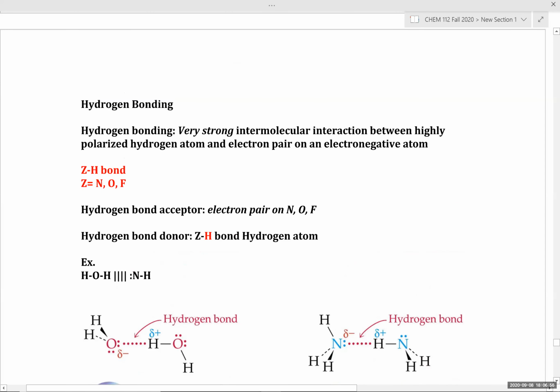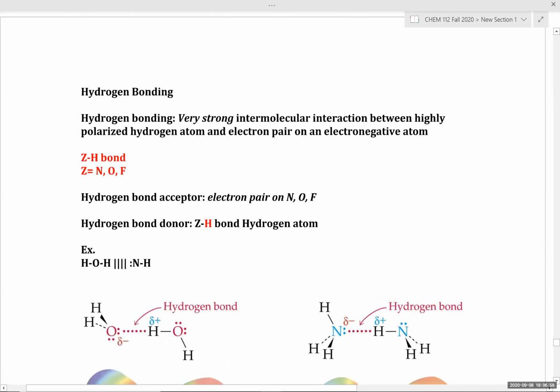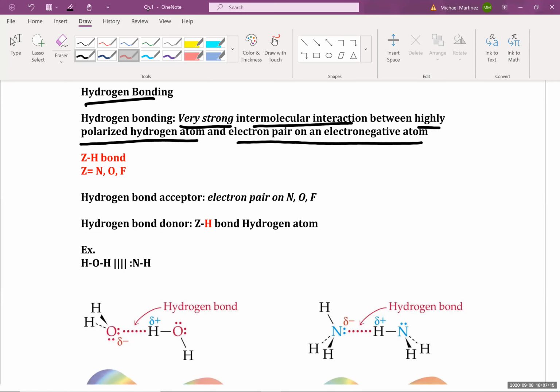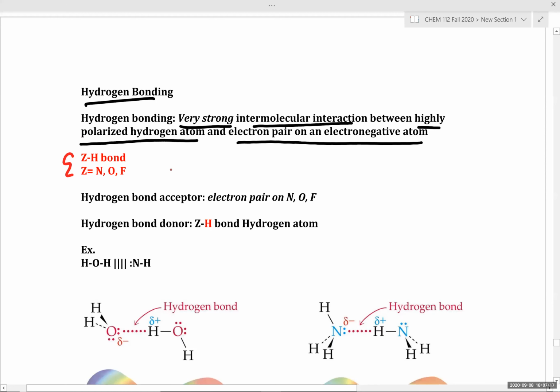So the last intermolecular force is hydrogen bonding. Hydrogen bonding can be thought of as a very strong intermolecular interaction between a highly polarized hydrogen atom and an electron pair on a very electronegative atom. It can be thought of as a ZH bond, where Z is nitrogen, oxygen, or fluorine. So it can be an NH, OH, or FH bond.